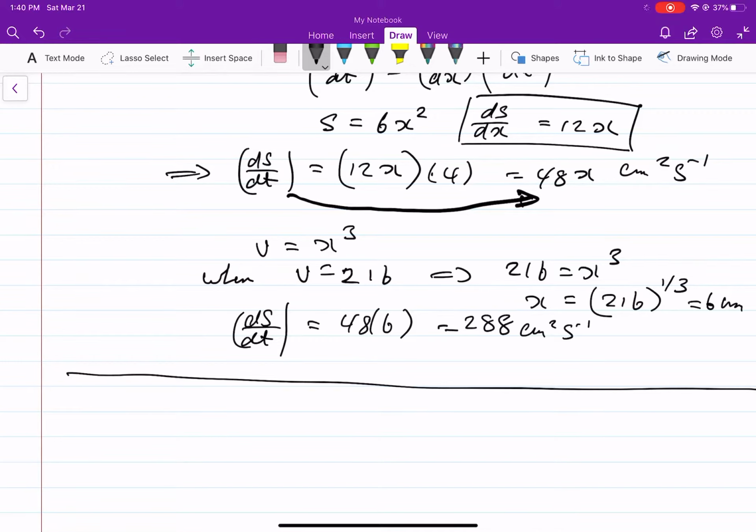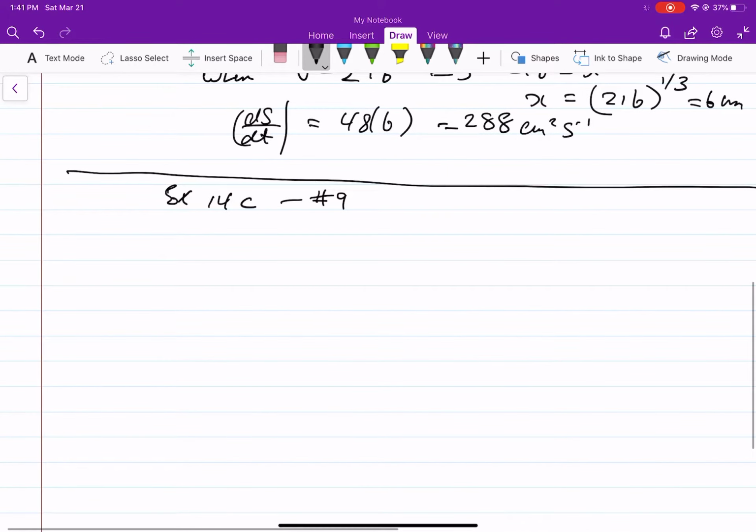I'm going to go to exercise 14C. And let me pick one at random. I'll pick number 9. This one says, I'll write out the question.